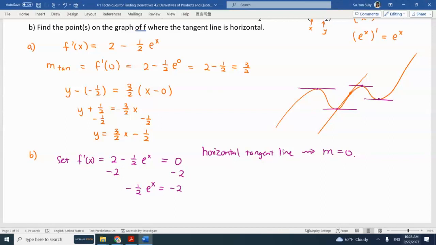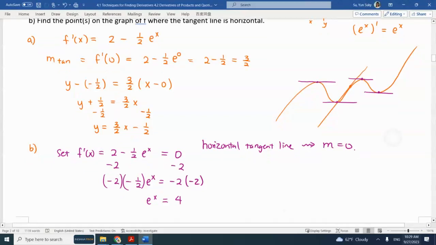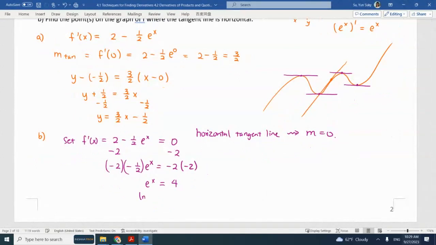You multiply by the reciprocal, which is -2. Then we get e to the x equals... what is -2 times -2? 4. Yes. What is x? We apply ln on both sides. ln and e are inverse functions, so they cancel. We get ln of 4.